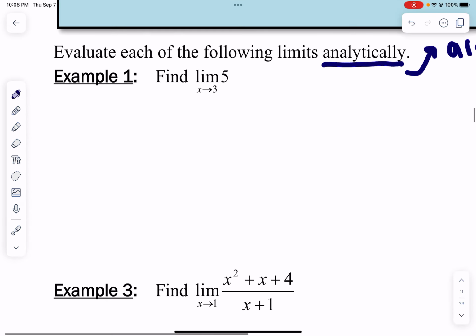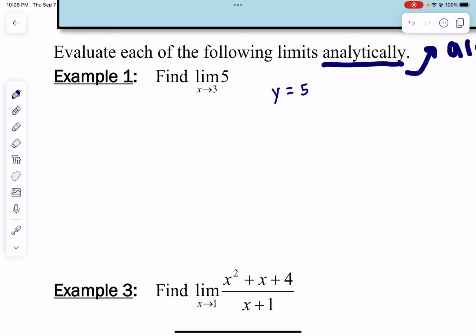So in example number 1, they give us the limit as x approaches 3 of a constant, which is 5. So this 5 right here is the function that we're working with. So if you wanted to on the side, you can say that the function that we're working with is y equals 5.